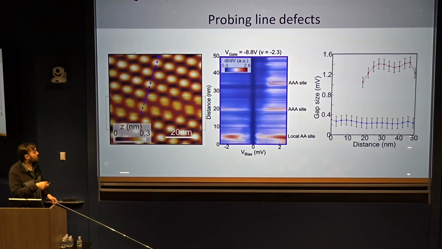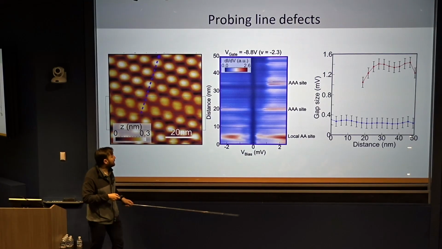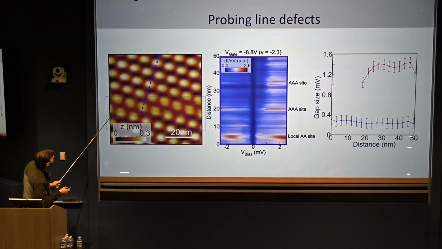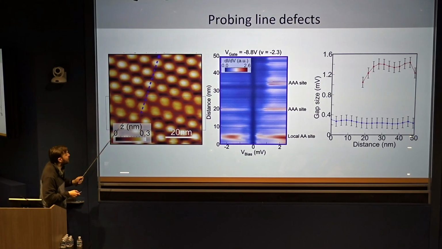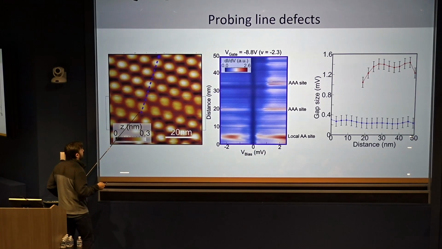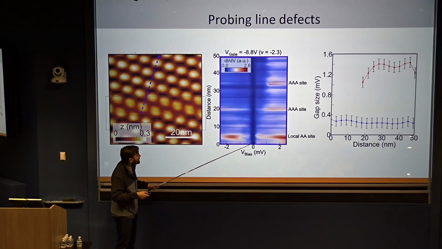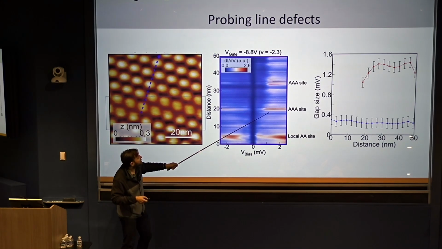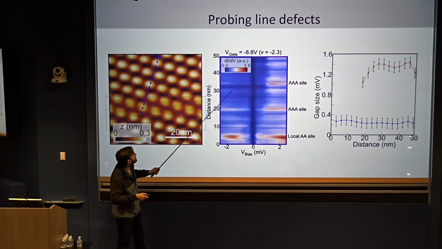Here is the region where some funny things happen because of this defect. If you measure away from it, close to the line defect you see the small gap, and as you go further away, you start seeing the signatures of the high gap.